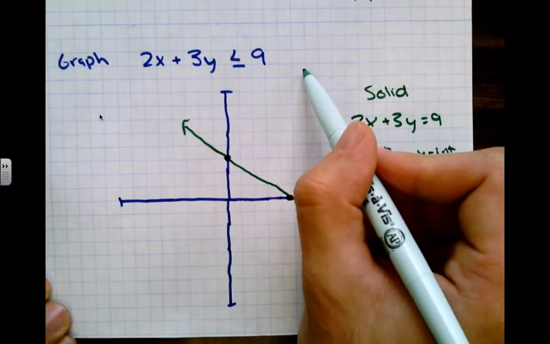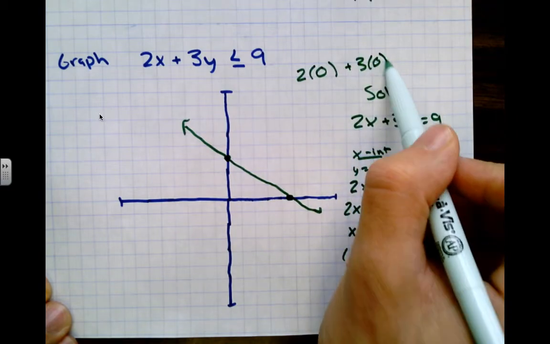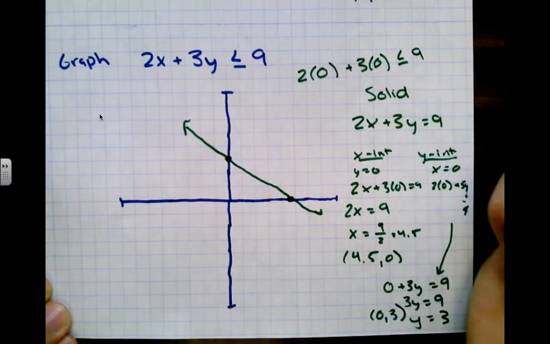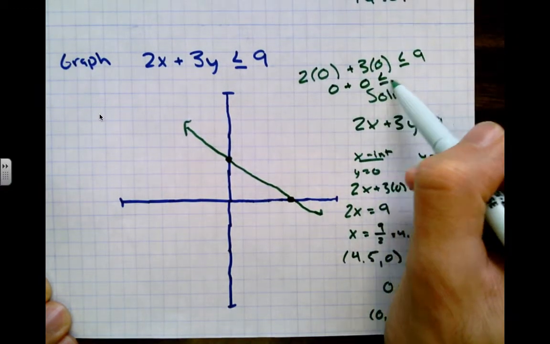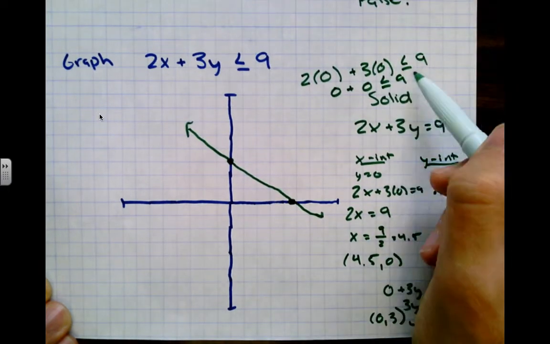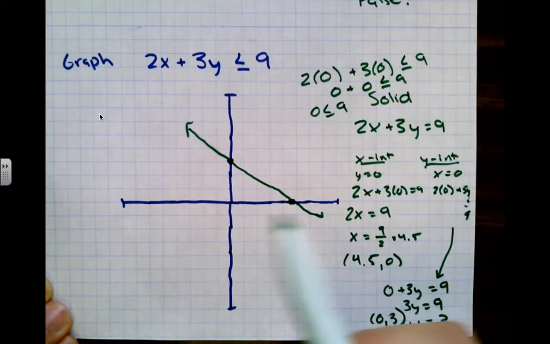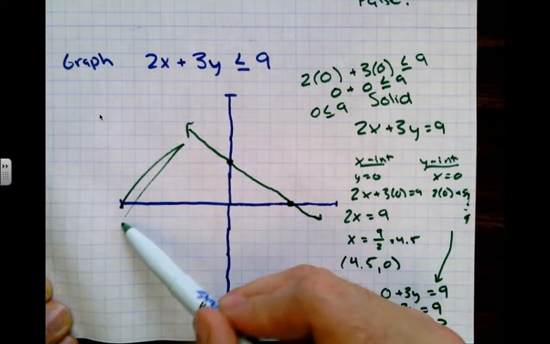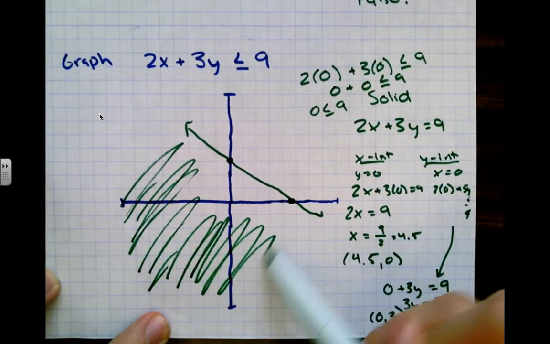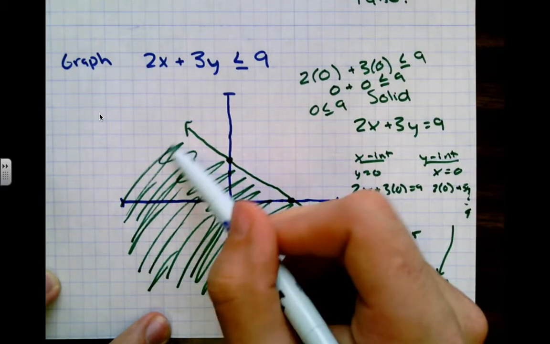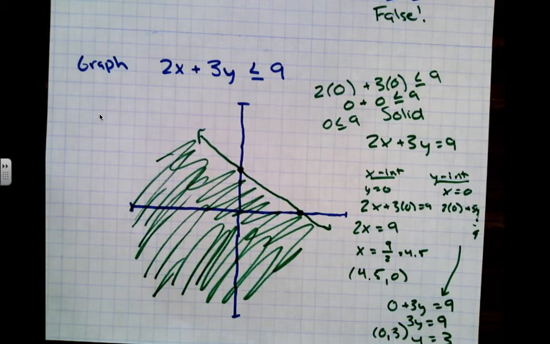We'll say 2 times 0 plus 3 times 0 is less than or equal to 9, and we check to see if that's true. 2 times 0 is 0, 3 times 0 is 0, and we check to see: is 0 less than or equal to 9? 0 is less than or equal to 9, so (0, 0) is a solution, and so will be everything on this side. Everything on this side would be a solution to that inequality as well.